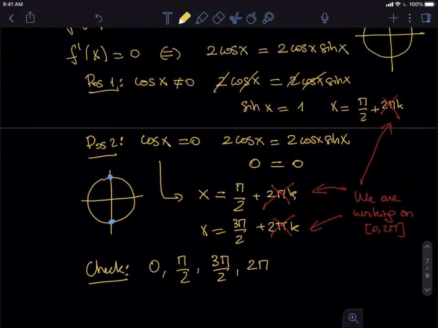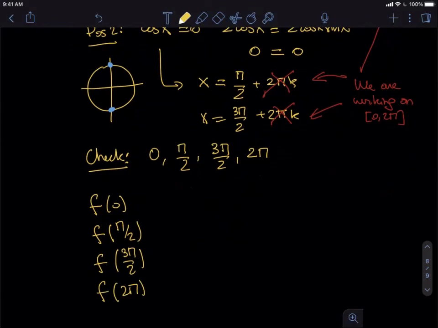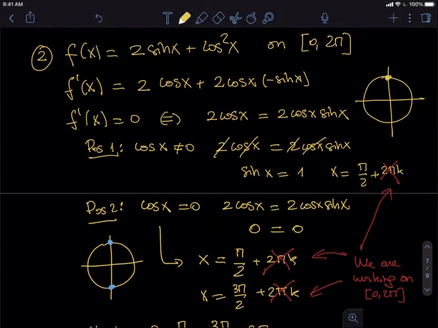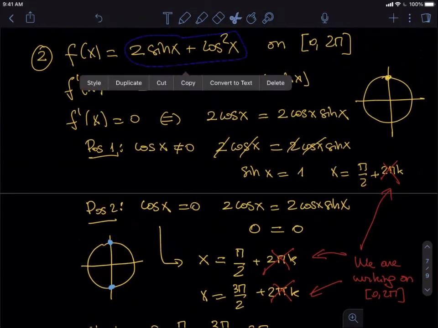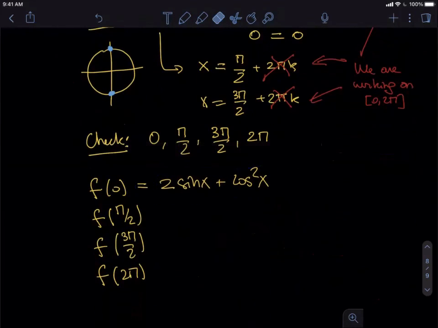So we just need to check the values f of 0, f of pi over 2, f of 3 pi over 2, and f of 2 pi. We have our function, which is 2 sine of x plus cosine squared. When we plug in the values, the sine of 0 is 0, so the cosine squared is 1.